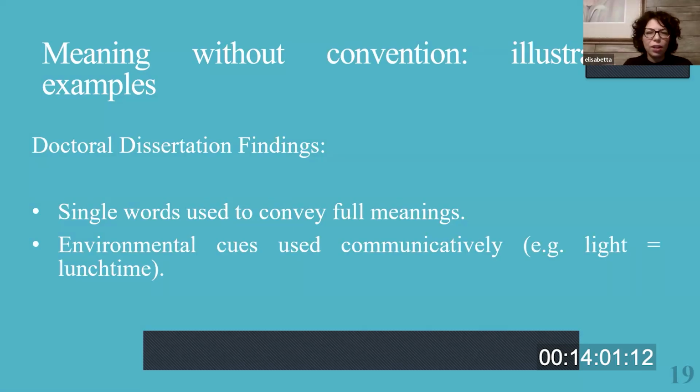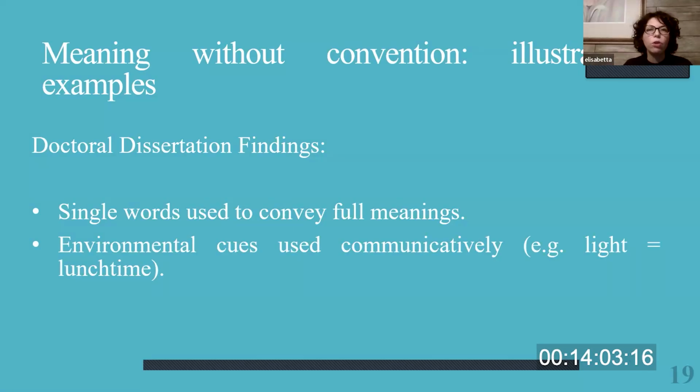In order to better understand lunchtime, or to refer to lunchtime, he tends to use the word light, because light is a very important environmental factor, because we can see light, and this way he made it clearer what he wanted to refer to, namely lunchtime, because usually we have lunchtime when there is a light outside.